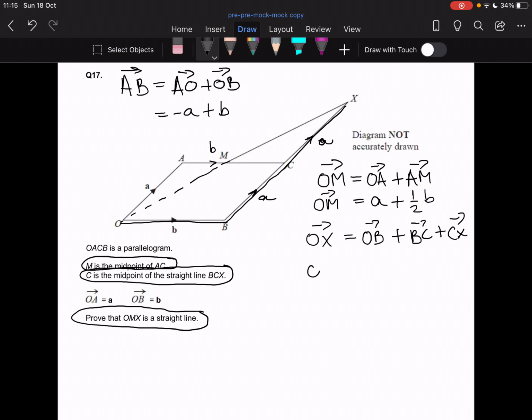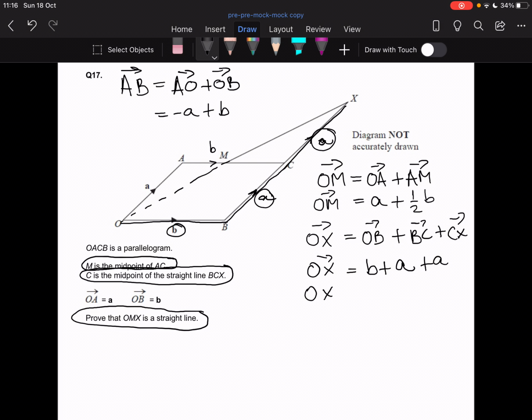All right, so OX is equal to OB, we said, is lowercase b. BC is lowercase a, and CX is lowercase a again.